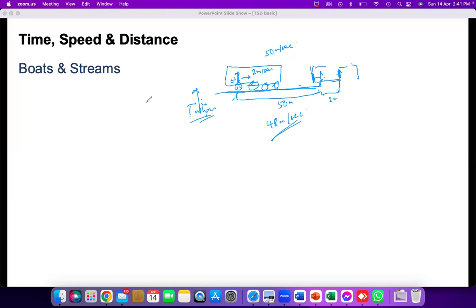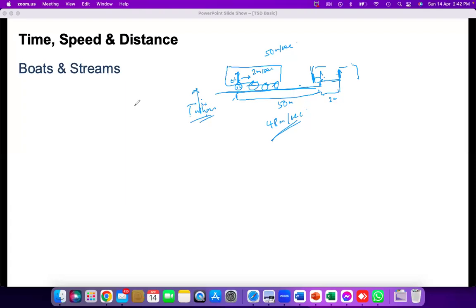So what is the cause of relative speed? Why does relative speed come into the picture? Because there is a change in frame of reference. If there is no change in frame of reference, there will be no relative speed.